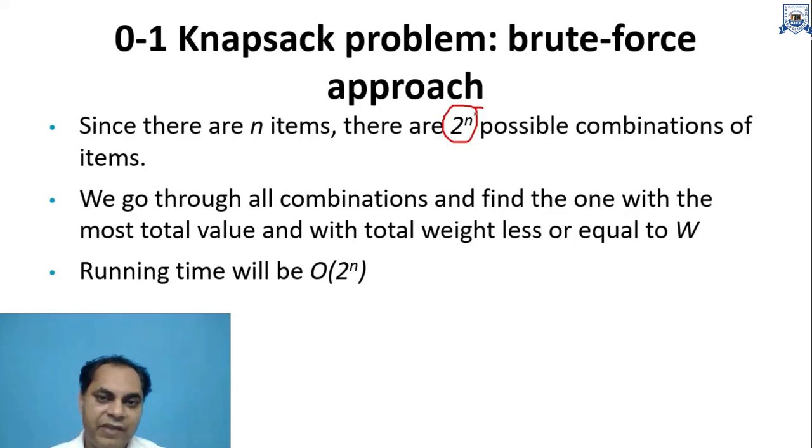Every one of these is a valid solution, but we have to optimize on the basis of the value attained by the selected items. That's why it is an optimization problem, and brute force would give us order of 2 to the power n time complexity, which is exponential. That's why we are going to use dynamic programming in this problem.